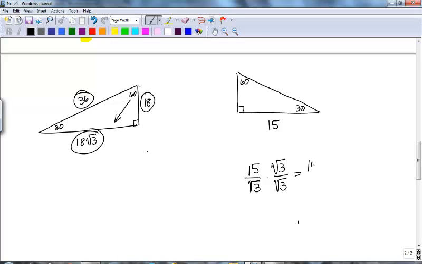I'd have 15 radical 3 over 3, which is 5 radical 3. Now what have I found? The shorter leg. So the shorter leg is 5 radical 3. The hypotenuse is twice that. Enough examples? Okay.